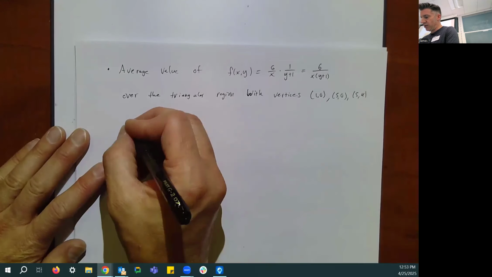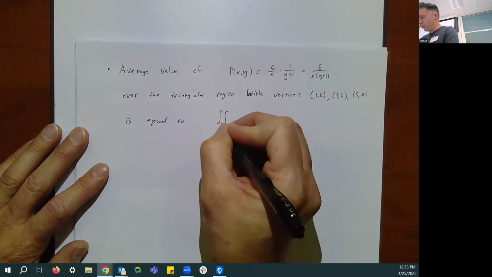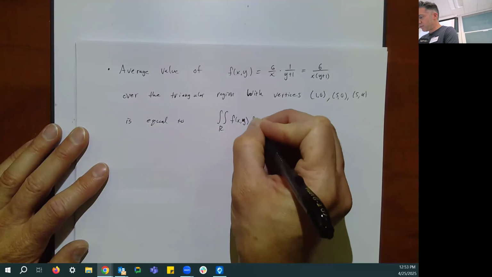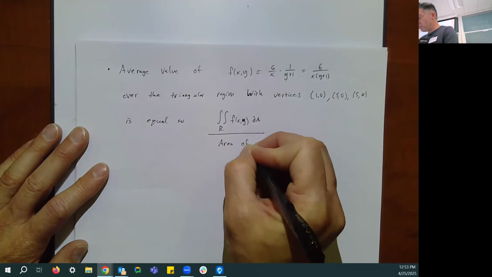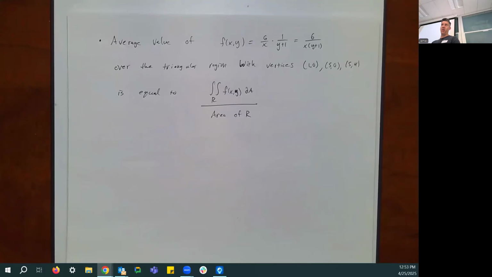It's going to be the following. It's equal to the double integral over your region of your function divided by the area of your region. So just the double integral we already did divided by the area of that triangle.